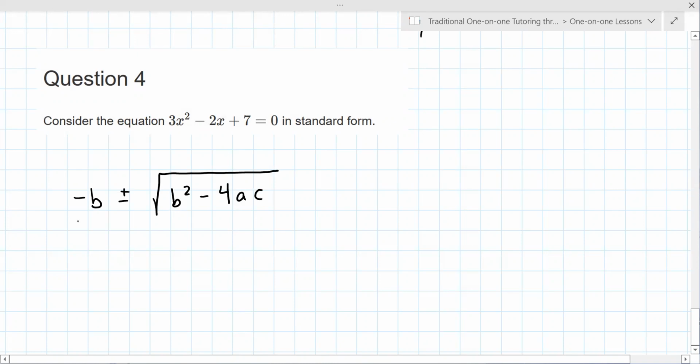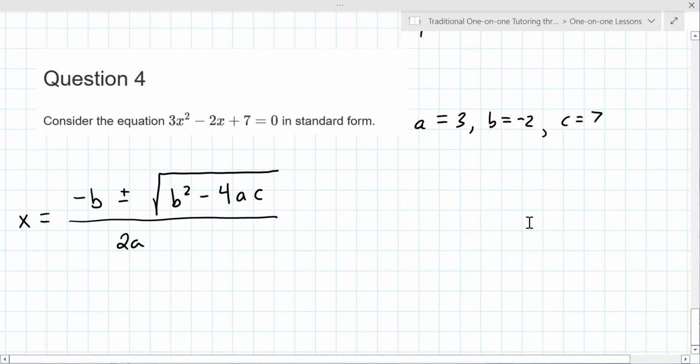Anything else? Over 2A. Good, very good. I'm glad you know that or have that written down. So in your problem here, A is 3, B is -2, and C is 7. Okay, so I want you to figure out the discriminant here, this part under the square root, please.